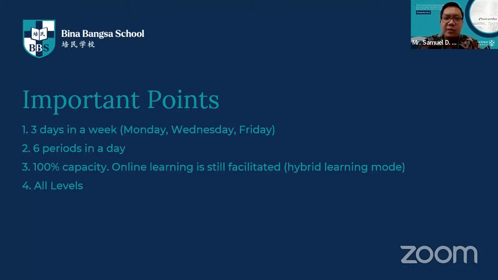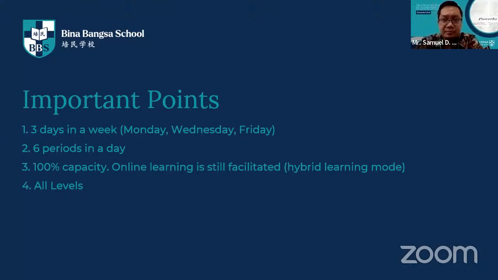Unlike in term 2, your teachers report to school 3 days in a week, Monday, Wednesday, Friday. But for you, you only report to school once a week. For example, Monday is only for Sec 3 and JC2, then Wednesday Sec 2 and JC1, Friday Sec 1 and Sec 4.